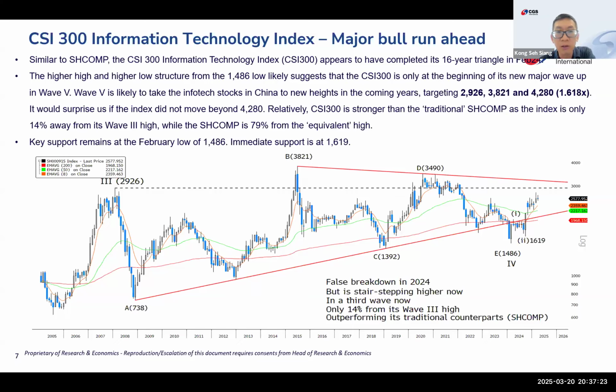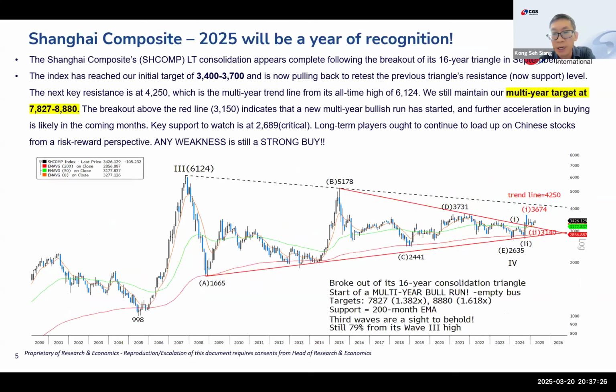But if you look back at the more traditional index, the Shanghai Composite, you can see that prices are currently trading at only 79% from its wave 3 high. So that's why you can see there's a vast difference in terms of sector movements and where funds are going. They are going mostly into the information technology sector.